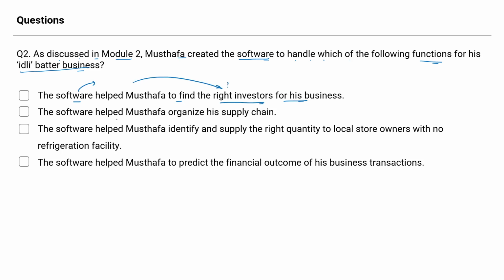I don't know, you have to tell me. The software helped Mustafa organize his supply chain. The software helped Mustafa identify and supply the right quantity to local store owners with no refrigeration facility. And the software helped Mustafa to predict the financial income of his business transactions. Predict financial income, talk about money.